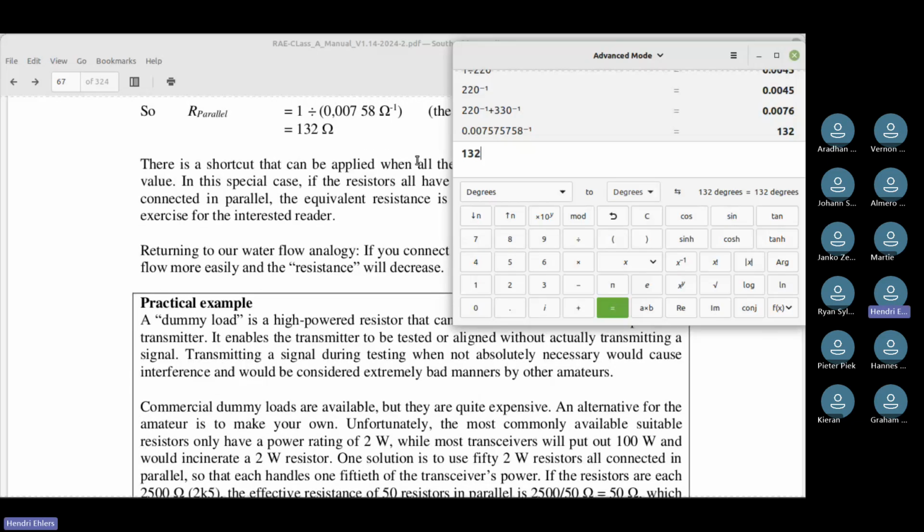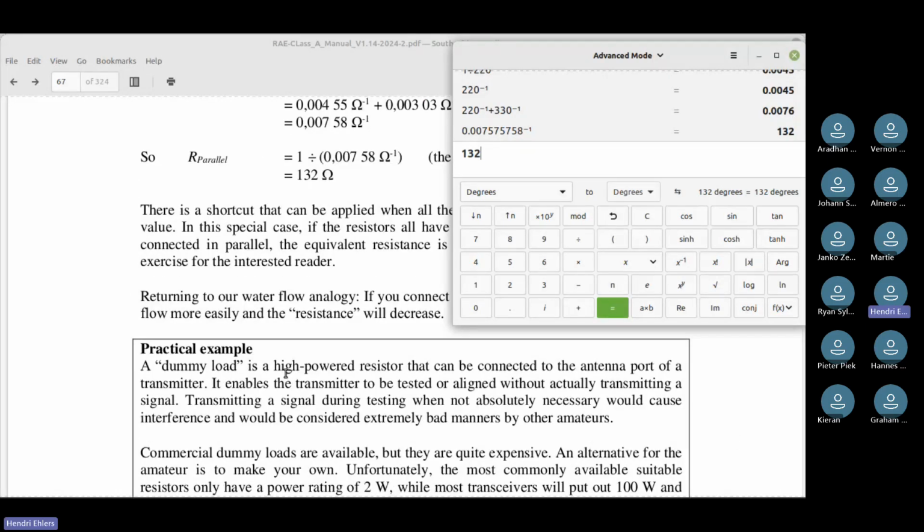Dummy load, this is something we're going to use quite often. High powered resistors that can be connected to an antenna port for a transmitter. It enables the transmitter to be tested and aligned without actually transmitting a signal.